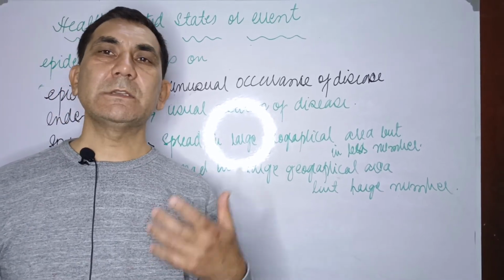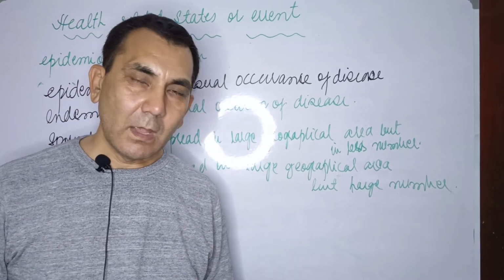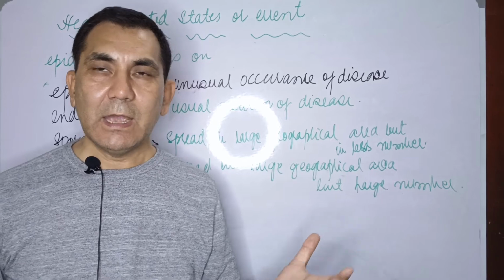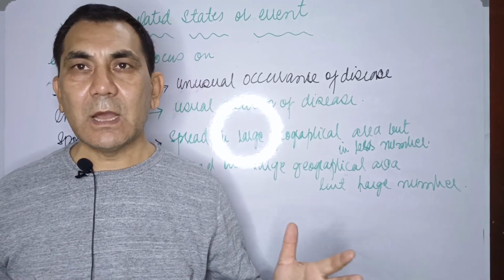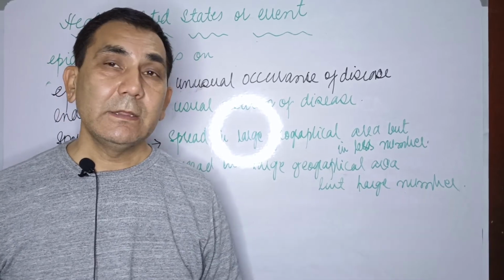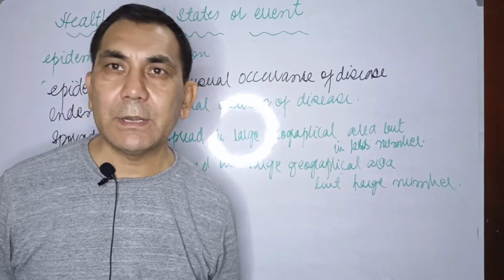Just like the best example is COVID-19, which became an epidemic from Wuhan city, and it reached Taiwan, Bangkok and Thailand. Then it spread in the whole of Asia. From Asia, it spread to Europe.